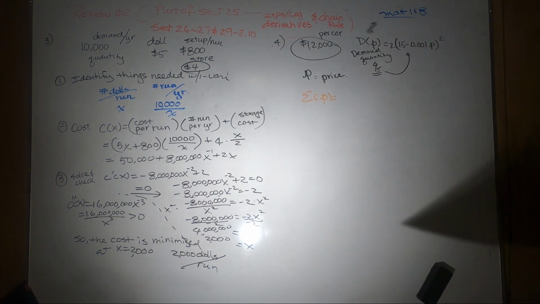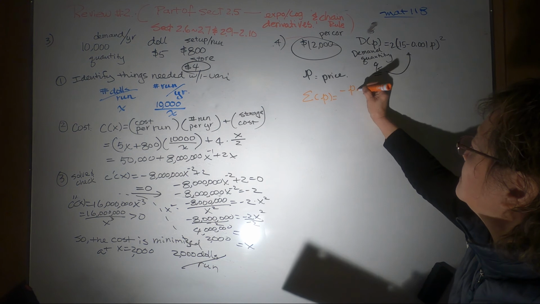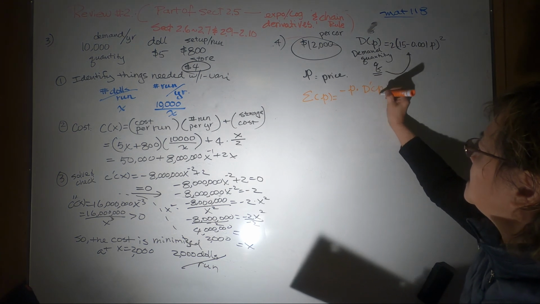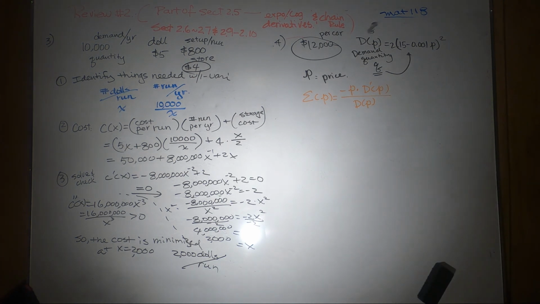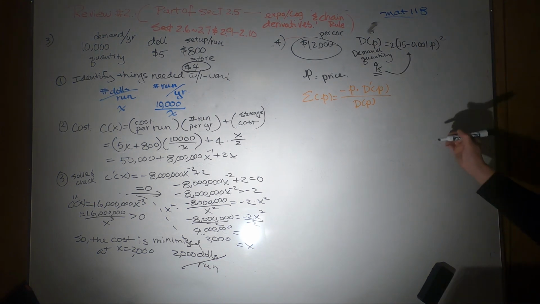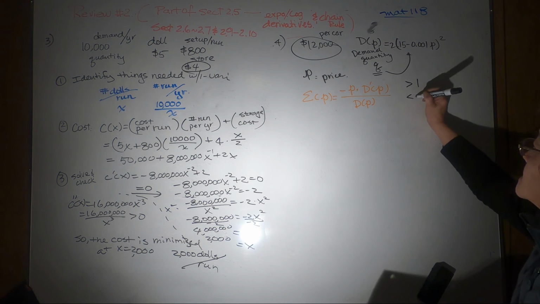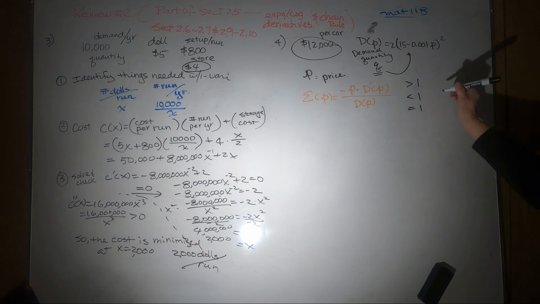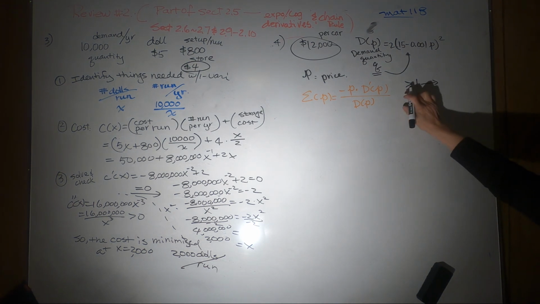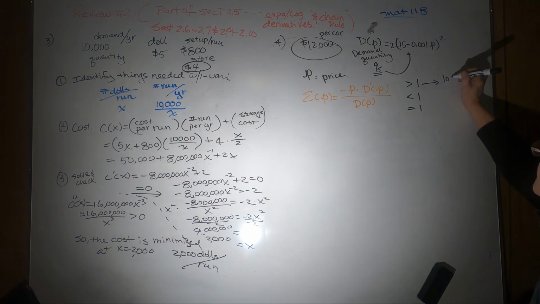The formula is according to your price: negative P times D prime of P over D of P. So we say, if it's bigger than 1, would you raise the price or lower the price? Bigger than 1, less than 1, or equal to 1, right? If it ends up bigger than 1, it's elastic, and we will lower the price.